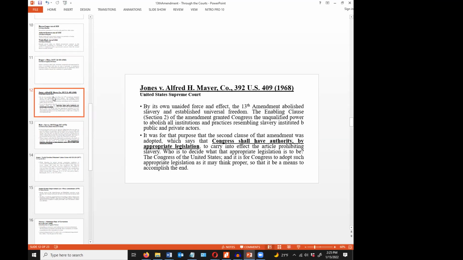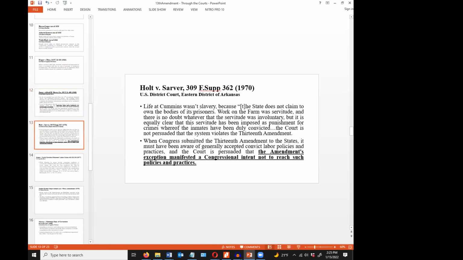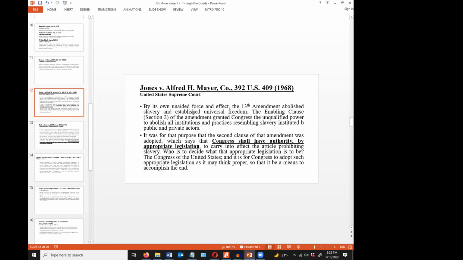It was for that purpose that the second clause of the amendment was adopted, which says that Congress shall have the authority by appropriate legislation to carry into effect the article prohibiting slavery. Who is to decide that appropriate legislation? I think I'm guilty of a copy-paste error right here. But we mentioned this before, that Congress has to determine what the appropriate legislation is.